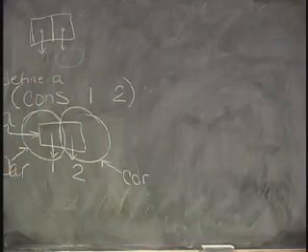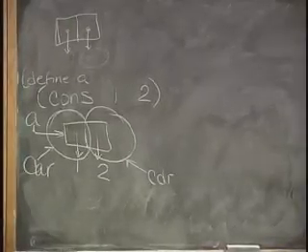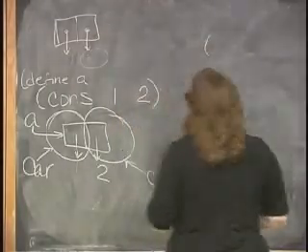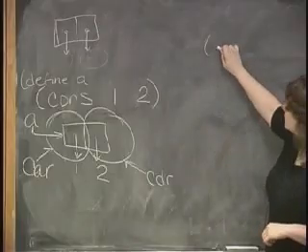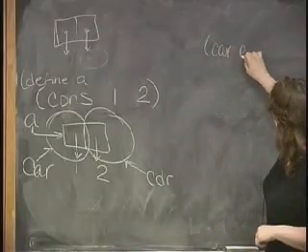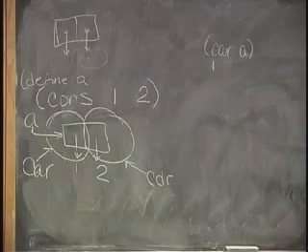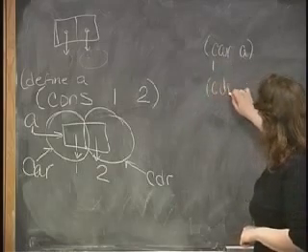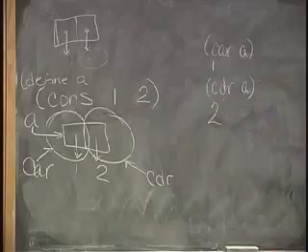Car and cdr, just a common pronunciation for it. So let's say, given A, I want to get the number 1. How would I write that? I'd write car A, which will give me 1. If I'd like to get the 2, I would write cdr A to get the 2. Okay?